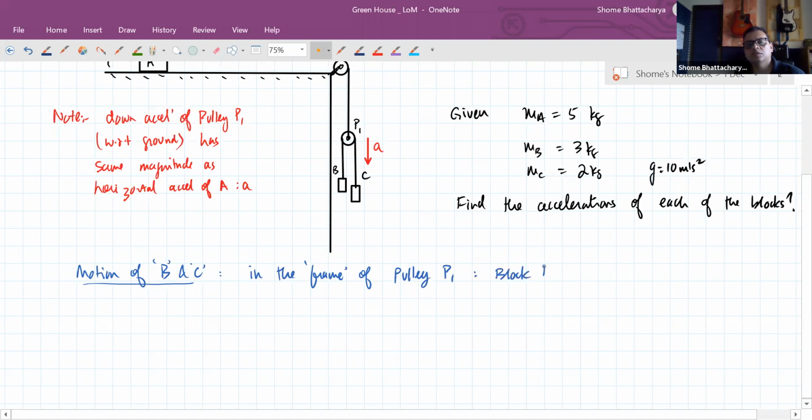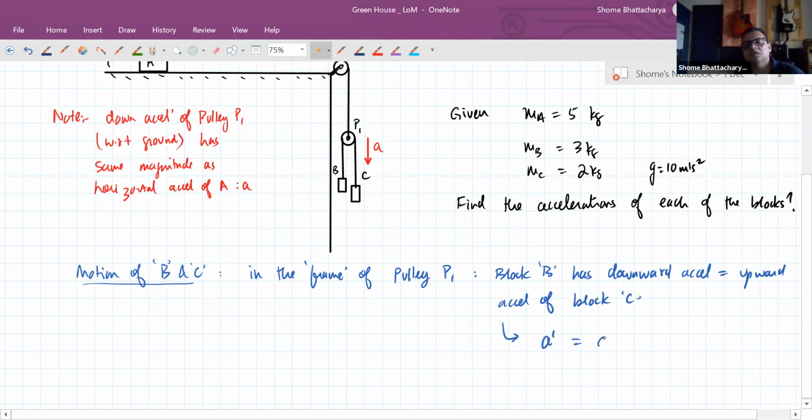The block B has a downward acceleration which is equal to the upward acceleration of block C. Okay, so let us say this acceleration is A prime.